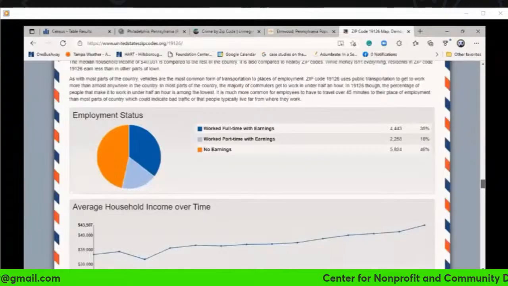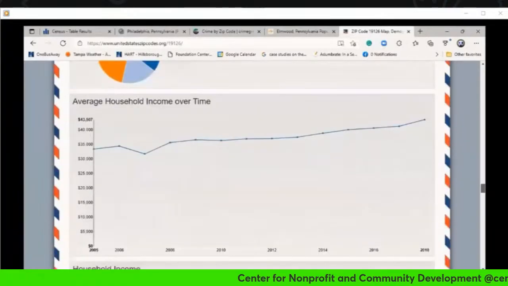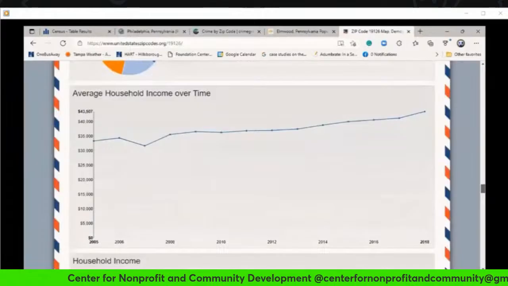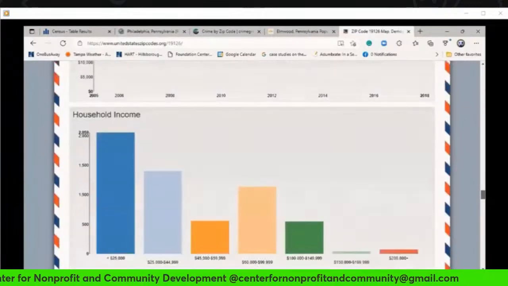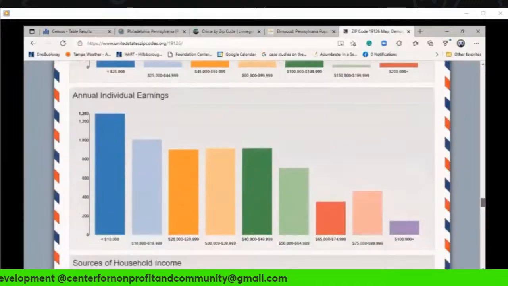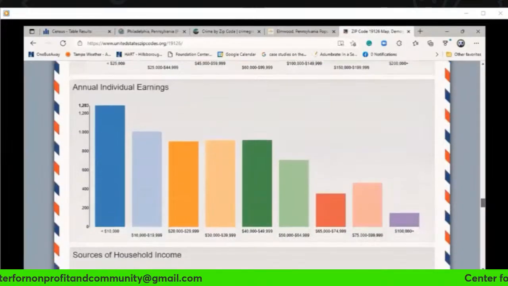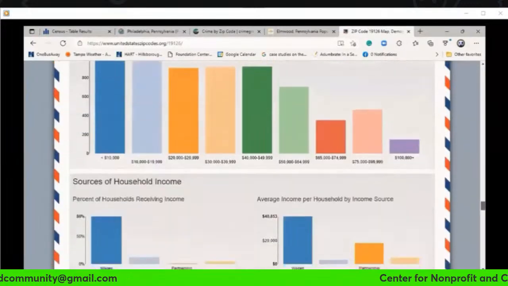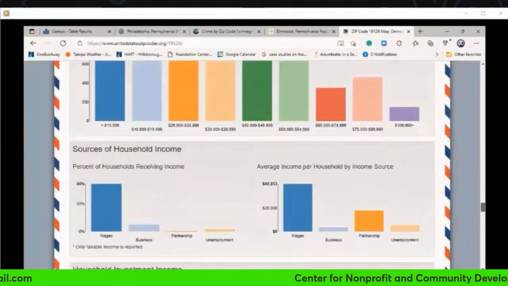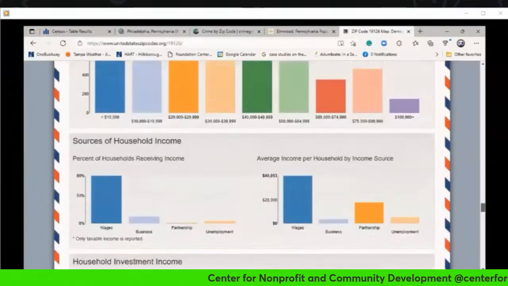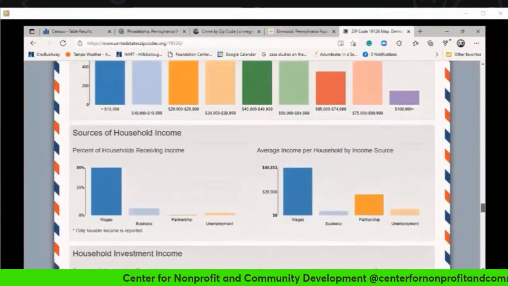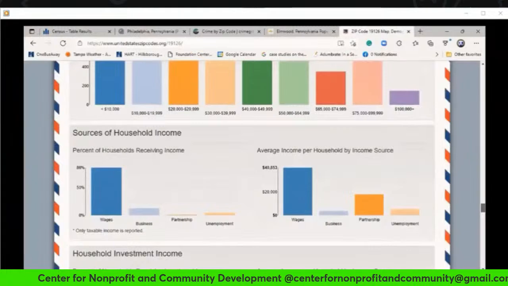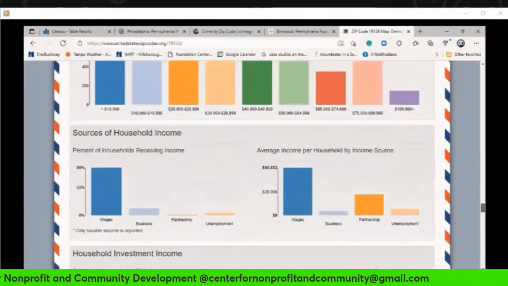For example, you can look at employment status, average household income over time, household income, annual individual earnings. This is some in-depth drill down information that you can use to get a clear picture of what your community looks like.